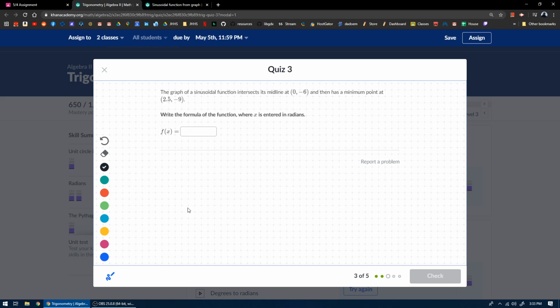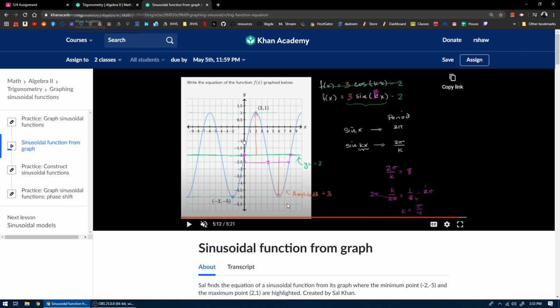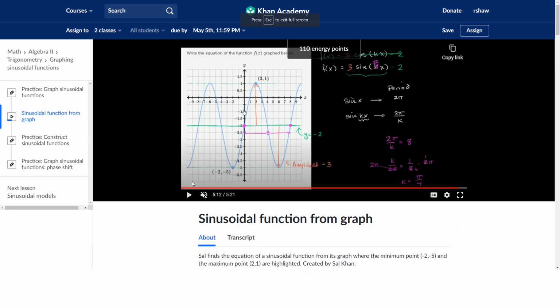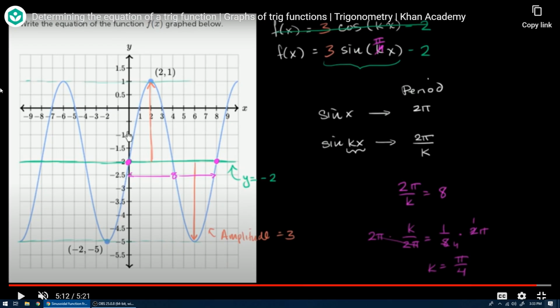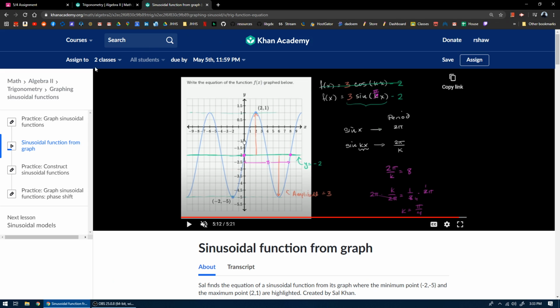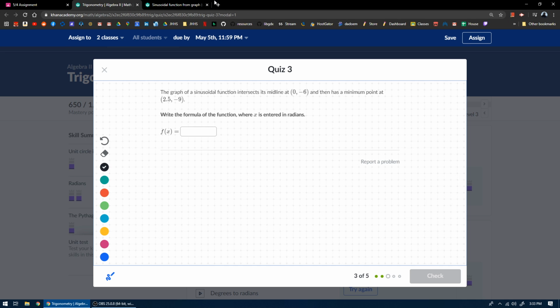It intersects the midline at 0, -6 and has a minimum point at 2.5, -9. So it's just like what they're doing here. You can always watch these videos if you need help.